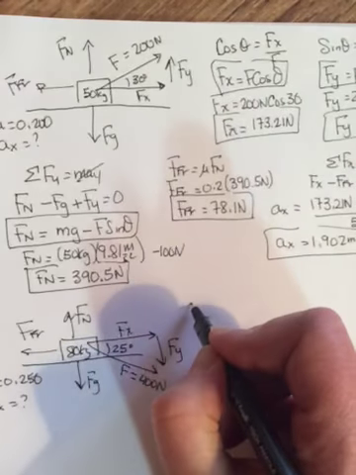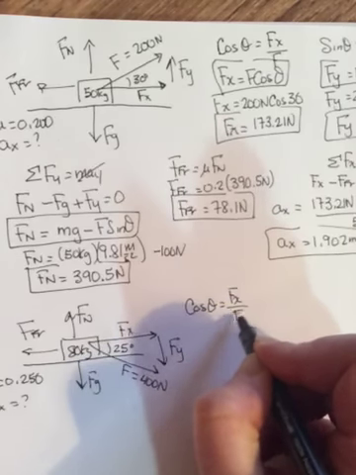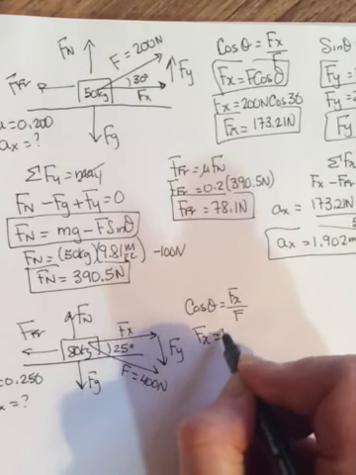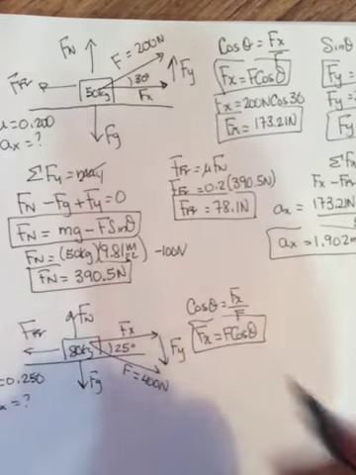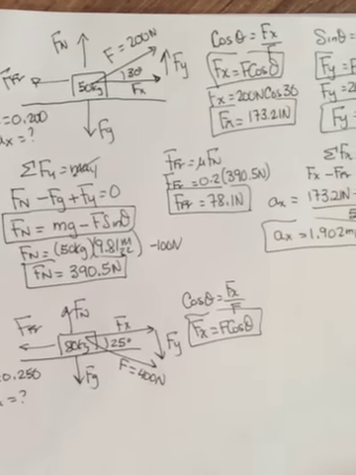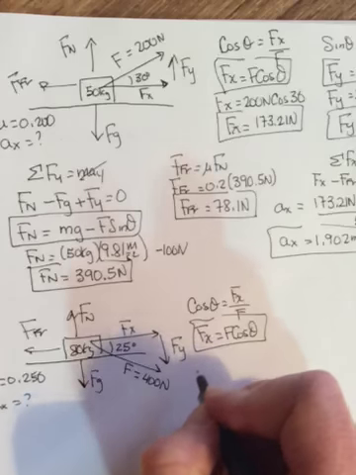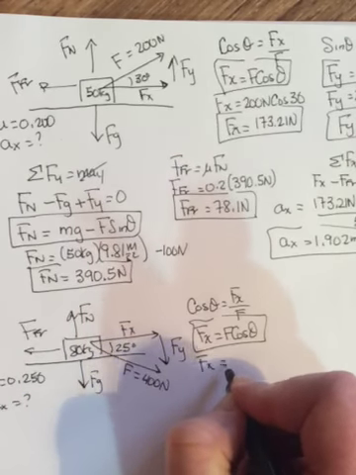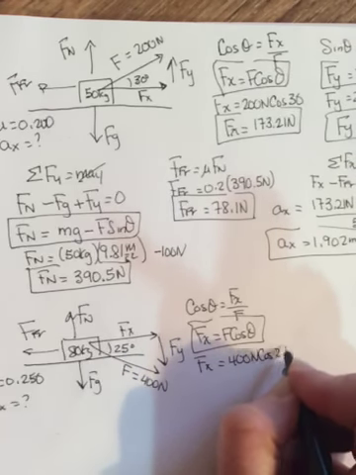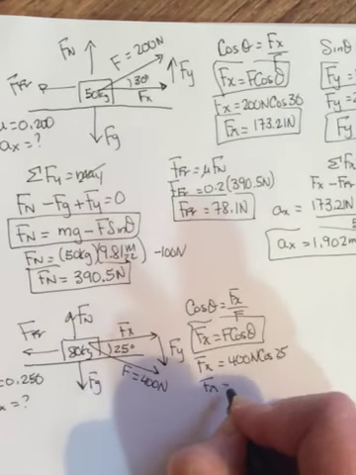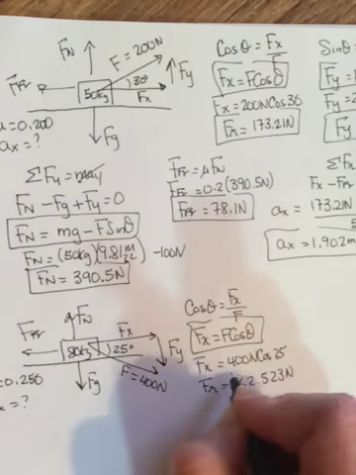So again, you could go cosine theta is equal to Fx over F. So Fx equals F cos theta. Again, I probably wouldn't fill my numbers in. Last time the angle was 30, so it's not too bad. 25, sine and cos of 25 is nasty. But if you did this, so it'll be Fx is equal to 400 newtons cos of 25, and you get an Fx of 362.523 newtons.